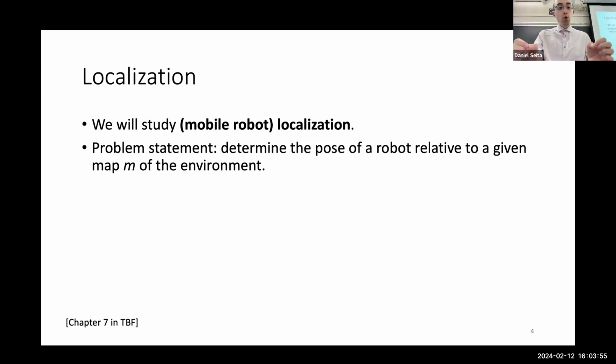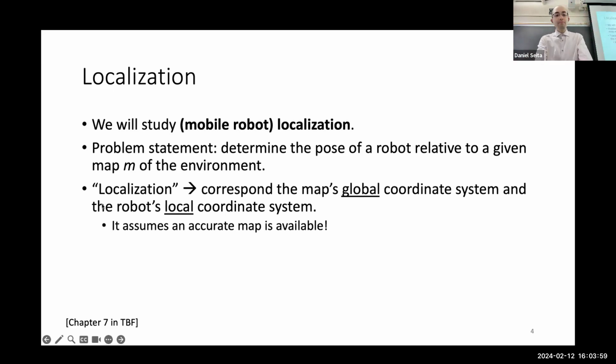We are going to assume that we are given a map of the environment. So essentially all we have to do is only, and I say quote only because it's not always easy, but it's at least easy to describe, make sure that the map has some kind of global coordinate system, and the robot has some kind of local coordinate system.